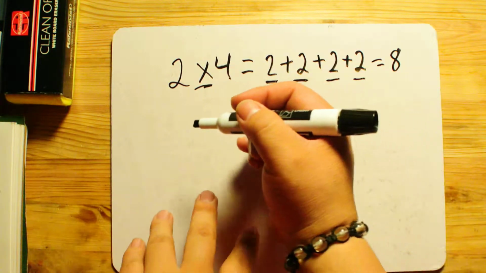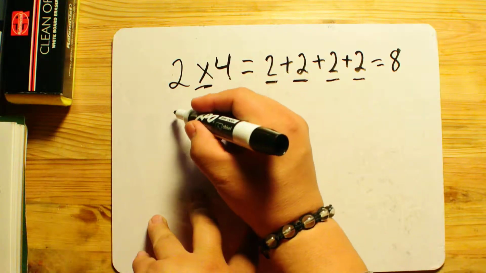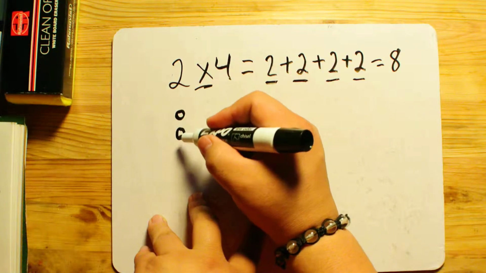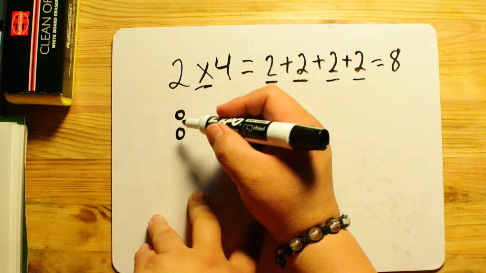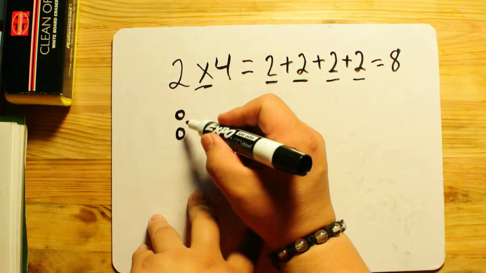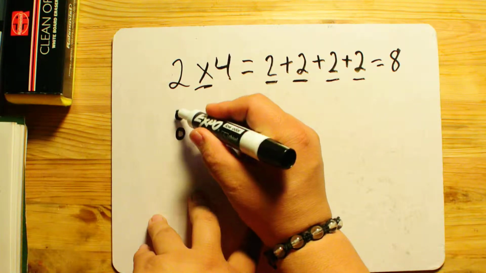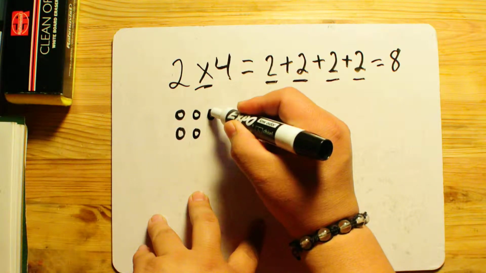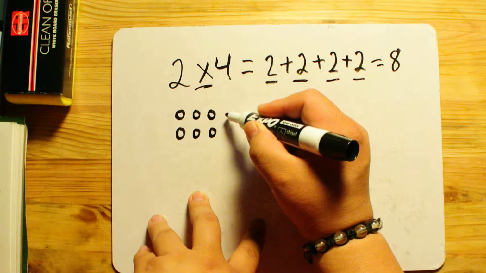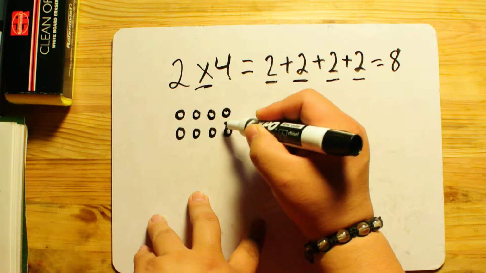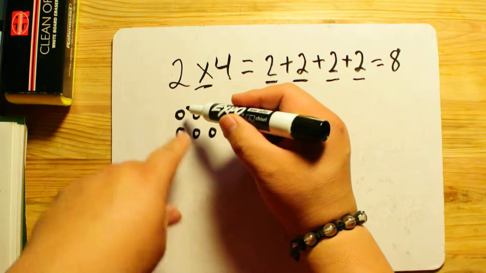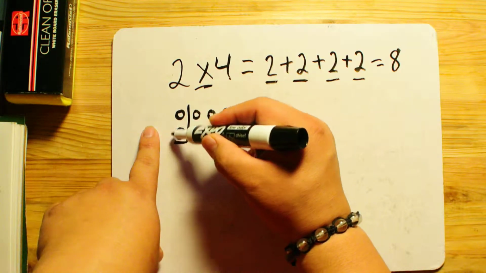And that's essentially saying, let's say if you have 2 things, they could be oranges or apples or circles or balls, whatever. You're saying that there's one set of 2, and then another set of 2, and another set of 2, and another set of 2. So there's 4 sets, or you can call them groups.